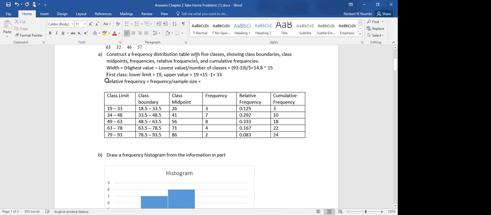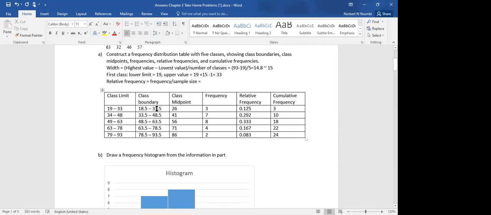The relative frequency is frequency divided by sample size. So you divide this column by 24 to get these numbers. Cumulative frequency is the number of values that are less than or equal to the upper class value.